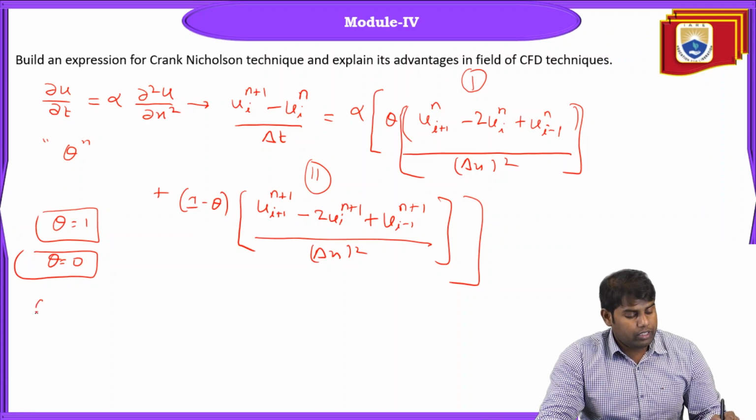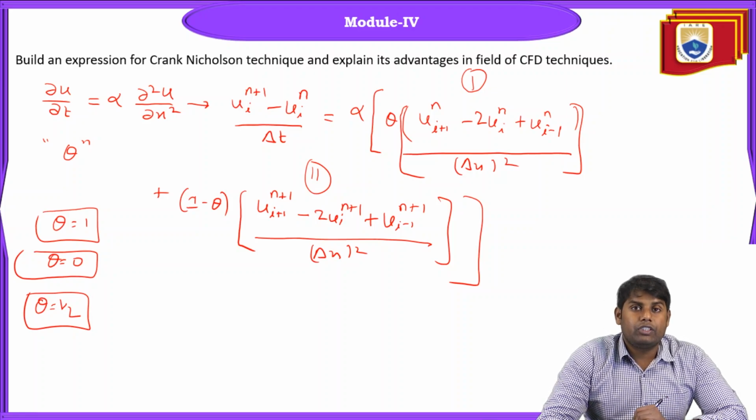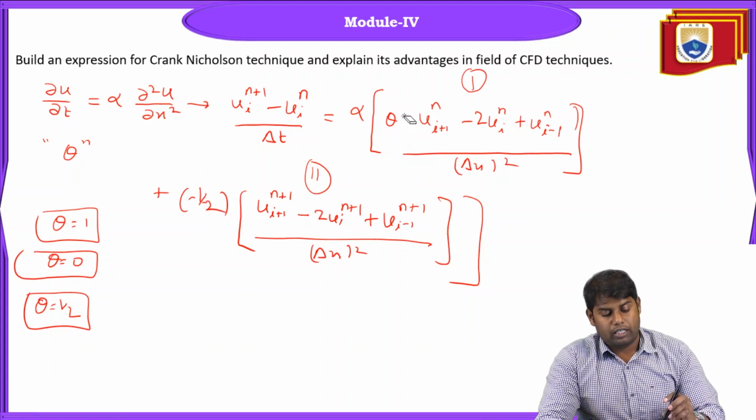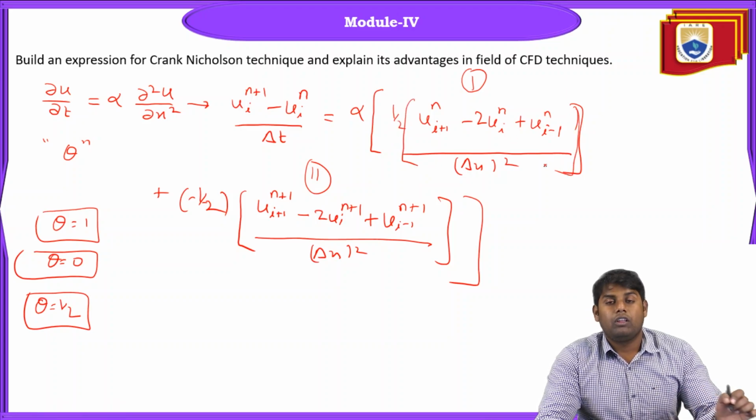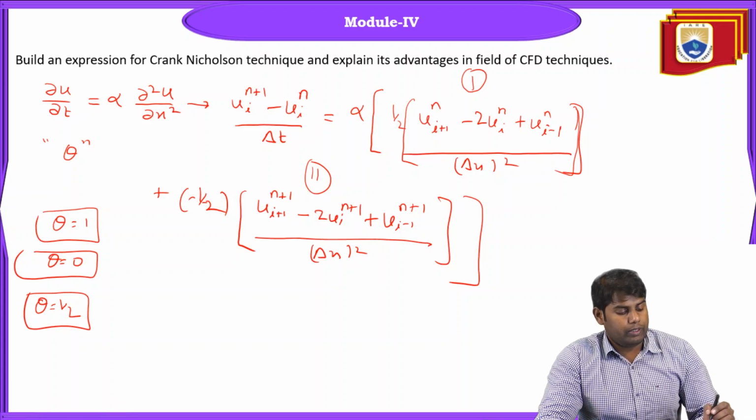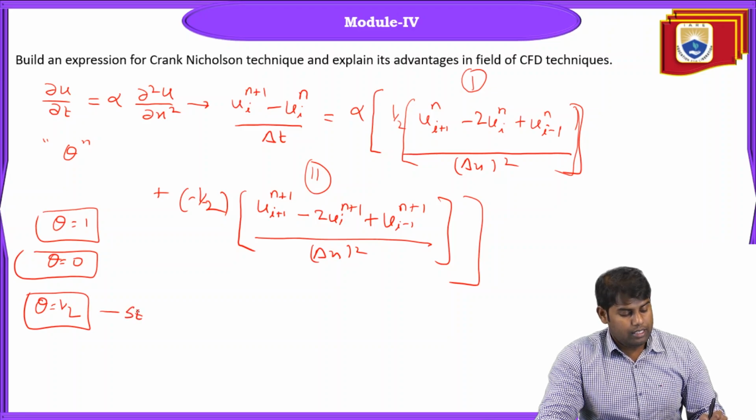There is one more case, theta is equal to half. Then this becomes 1 by 2 and this becomes 1 by 2, so basically the switching factor gives what is called semi-implicit. When theta is equal to 0, it is implicit.